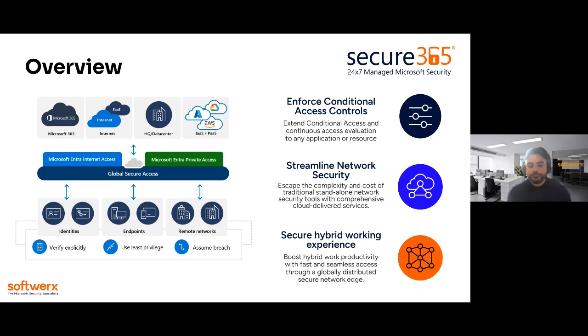And then lastly, we've got assume breach. So we're always assuming that the identity of the user has been compromised, or the device itself has had a breach. That also falls into your remote networks as well, so that tunnel between your firewalls through Global Secure Access out into the worlds of the internet, IaaS, PaaS, and 365 as well.